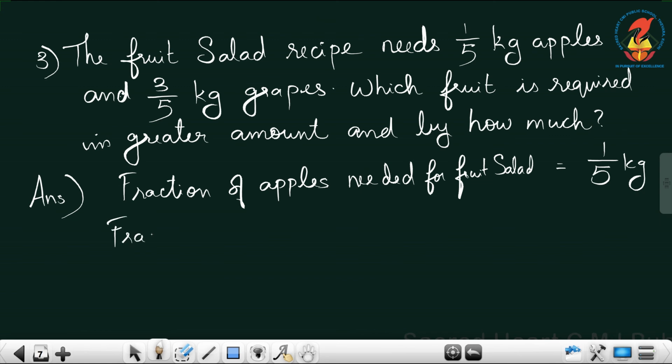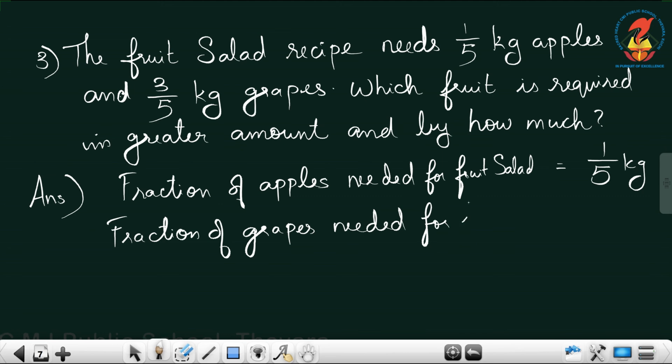fraction of grapes needed for fruit salad.